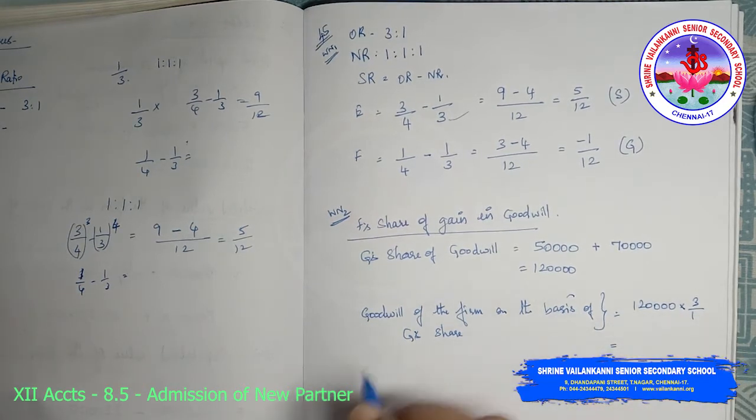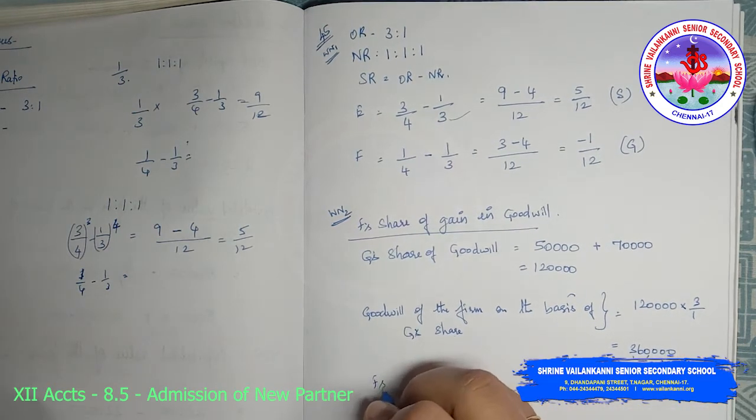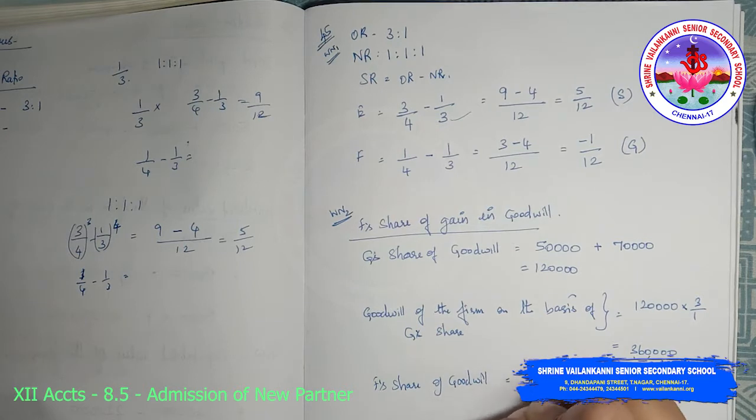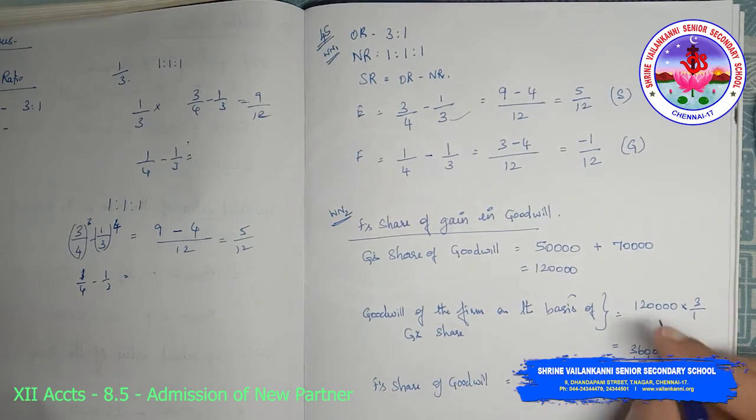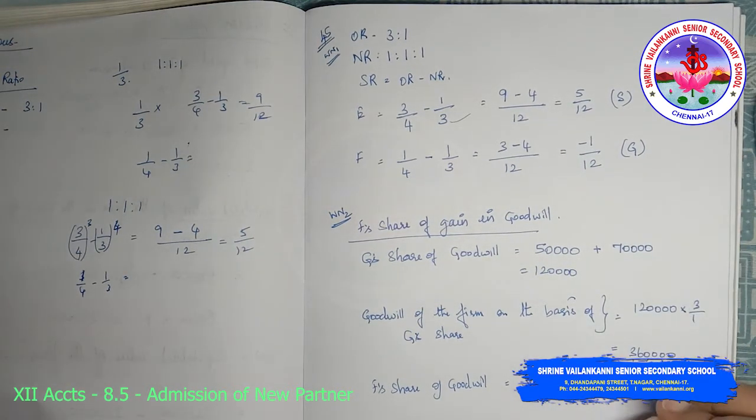So total share of goodwill, okay, so it's going to be 3,60,000. Now F's share of goodwill is 3,60,000 into 1/12. Okay, because 1/12 is the gaining share. So we are getting 30,000 here.